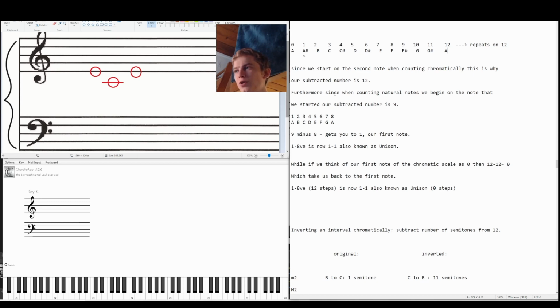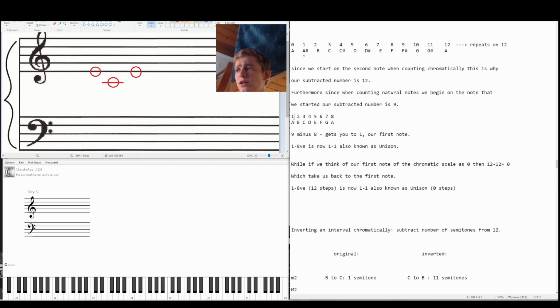Furthermore, since when counting up natural notes we begin on the note that we started on, our subtracted number is 9. So we do start our 1 on the note that we start on here. So we start on an A, and we call that a 1. So we know our 3, we're going to go A, B, C. So that's why we do our 9 minus 8 takes us to 1.